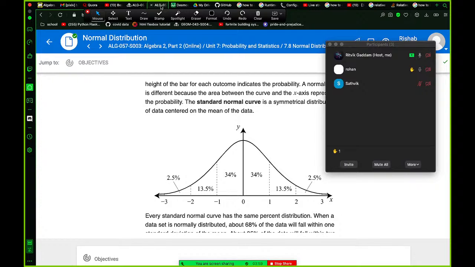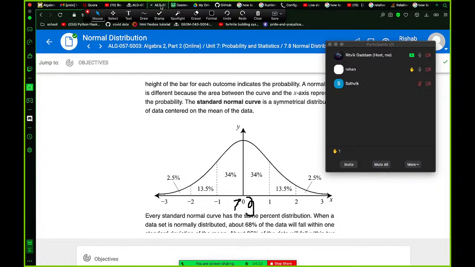Yeah, sure. Okay, so the middle thing is 73, and then the standard deviation is 10.